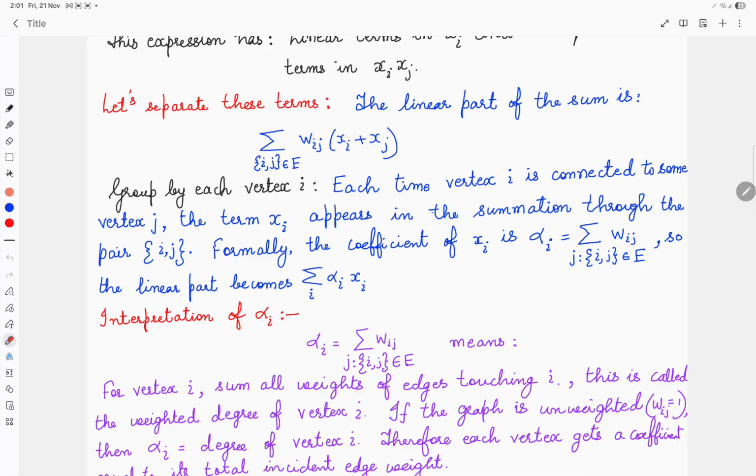So we are considering those edges for which the edge starting from all the j indices ends up at a vertex xi. So let us say we fix i and we consider all the edges which fall onto i, right? So each time vertex i is connected to some vertex j, the term xi appears in the summation. So this is how we will formulate the linear part.